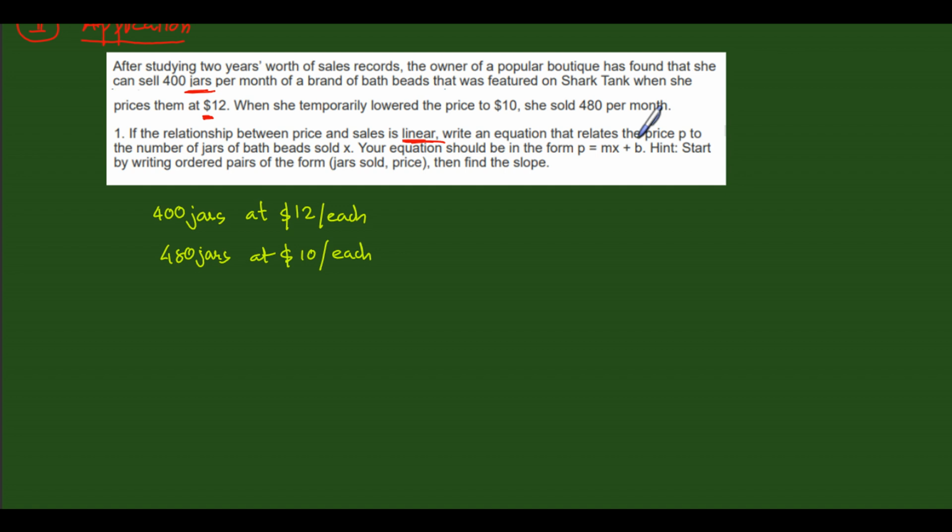Okay. So it looks like the price P over here is the dependent variable, because it depends on the number of yards, right? Depends on the number of yards. Okay.